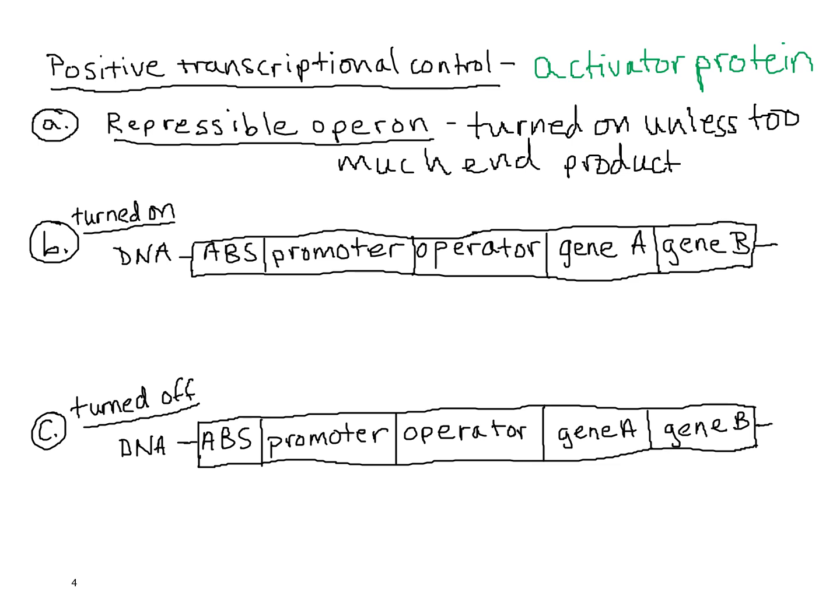Okay, so if we're using positive transcriptional control, we need to think about where the activator protein would be if it's turned on. So the activator protein is going to bind to the activator binding site on the DNA, and that actually helps the RNA polymerase bind to the promoter.